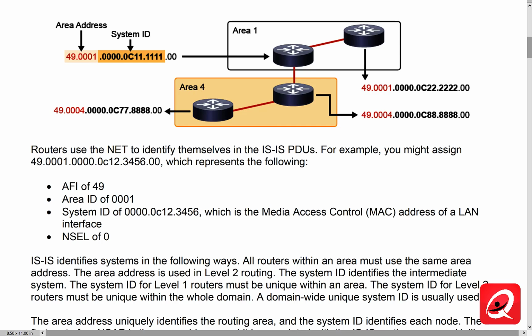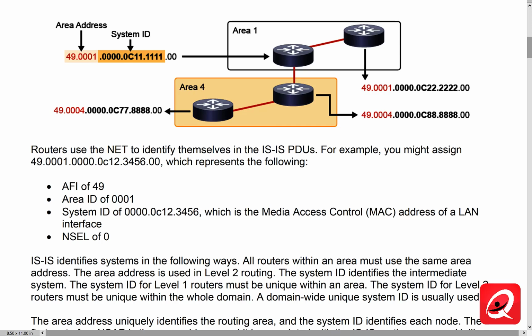All routers within the area have to use the same area address. That area address is going to be used for establishing those L1 adjacencies. Although we could do level 2 routing within the area, typically we will do level 1 routing. And then the system ID identifies that host or that intermediate system inside that area.